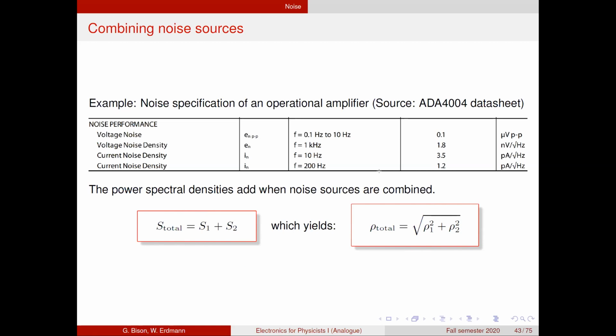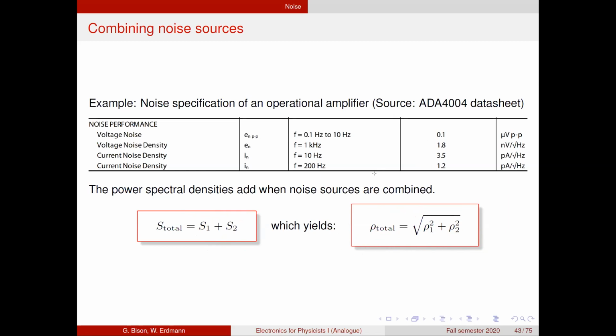Simply for the reason that if you add powers, there is a law of energy conservation, so they have to add directly. If you add amplitudes, there is no amplitude conservation law. So basically, we have to convert to power first by squaring them. Then we can add them, and then we have to take the square root again to get an amplitude out of that.